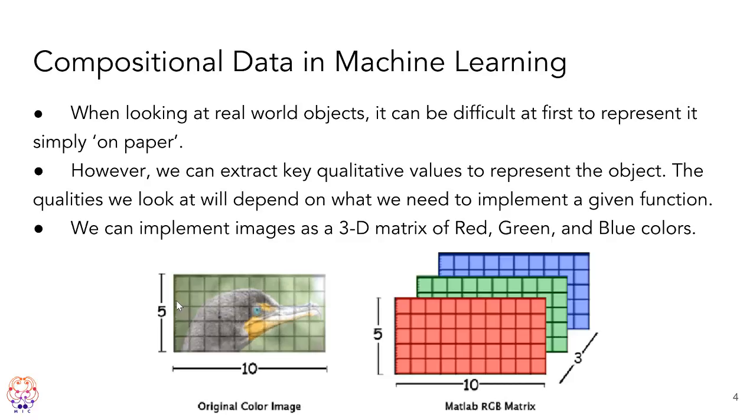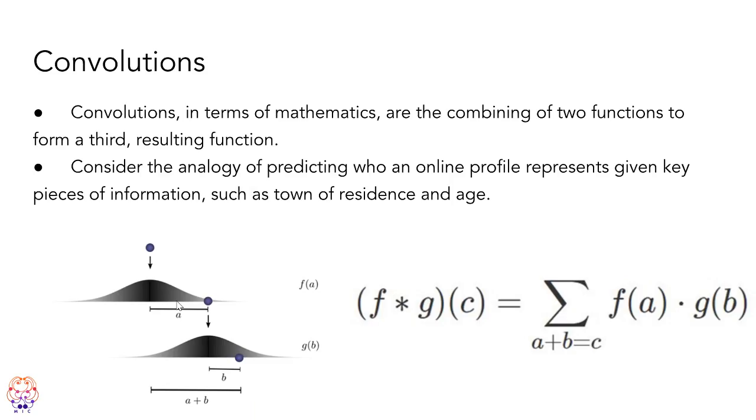Okay, cool. Moving on. How do we actually identify these features, and then once we've identified them, use them to determine whether or not the image is a bird? This is where convolutions come in. You can think of it this way. Let's say we have a falling ball. This ball falls and lands here, right?